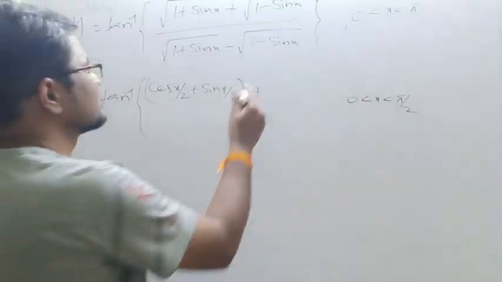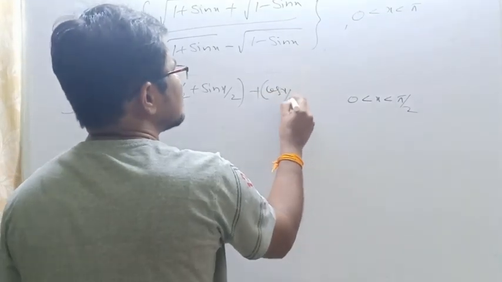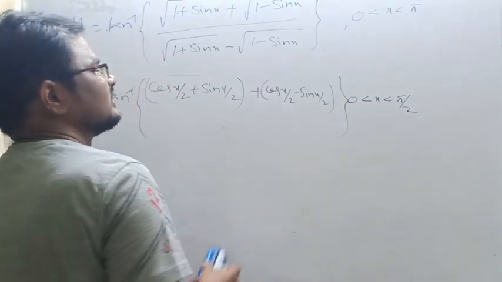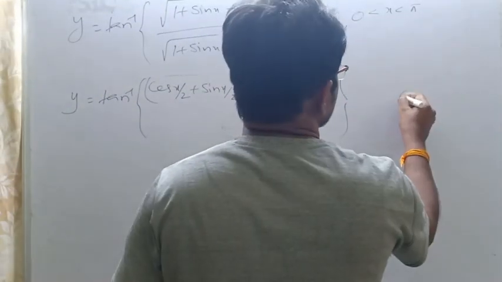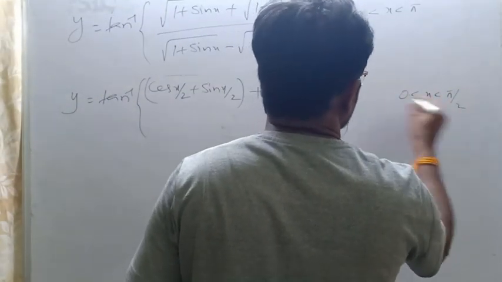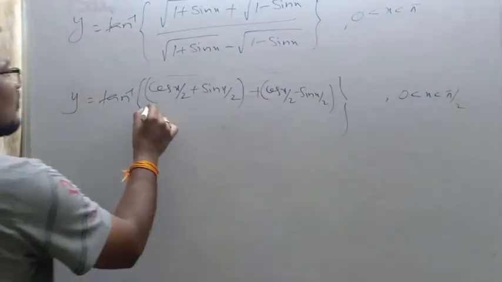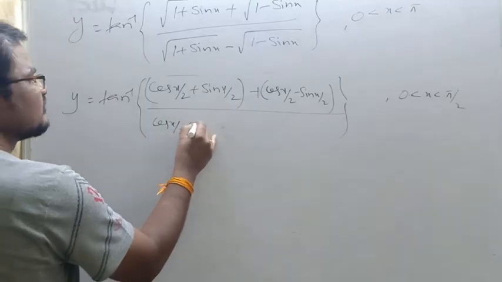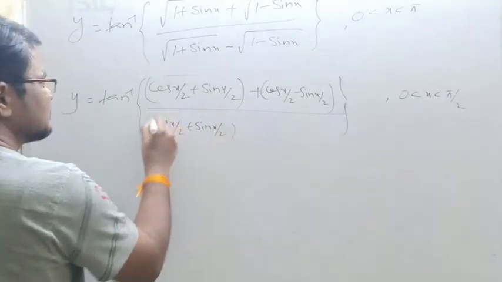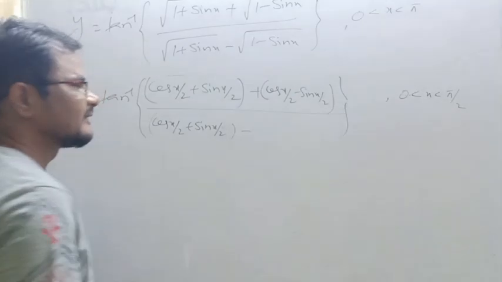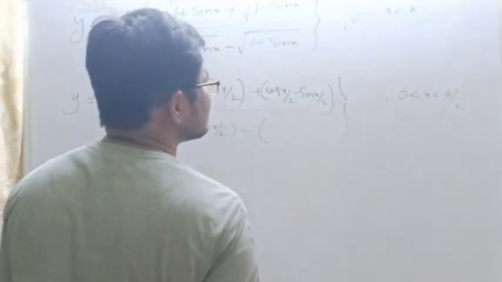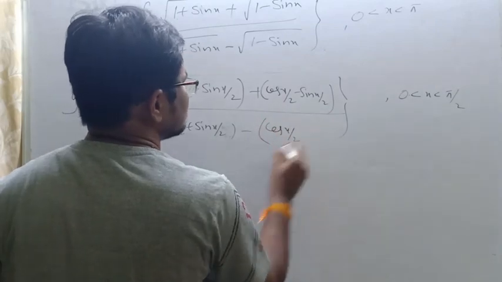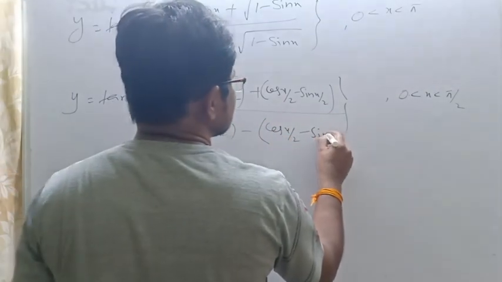So that's why we will get cos x by 2 minus sin x by 2, in the interval 0 less than x less than pi by 2. Next, the whole divided by cos x by 2 plus sin x by 2 minus, this is positive only in this interval, so that's why cos x by 2 minus sin x by 2.